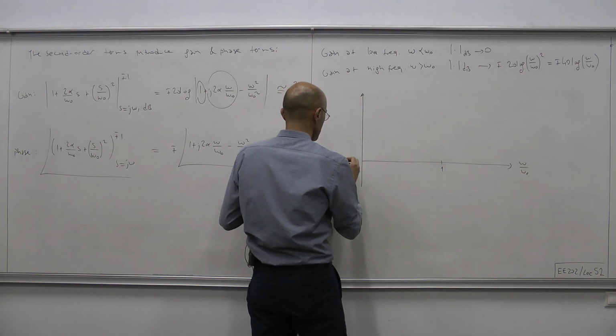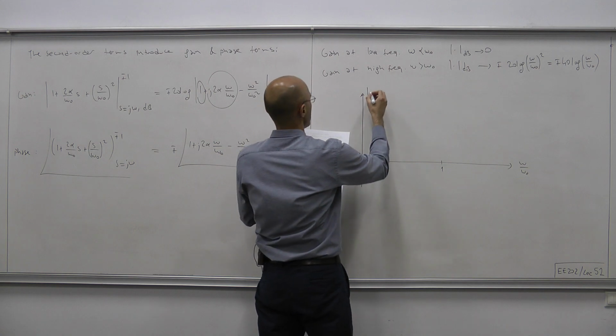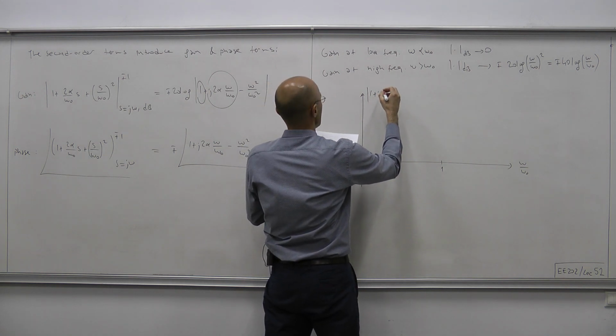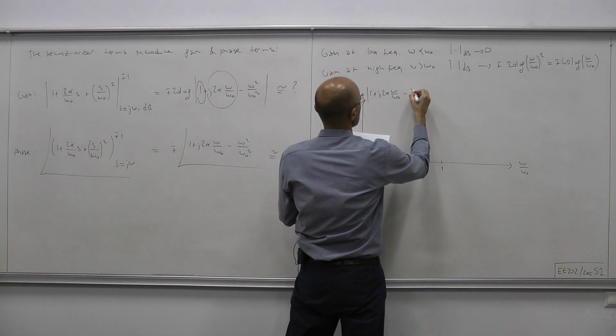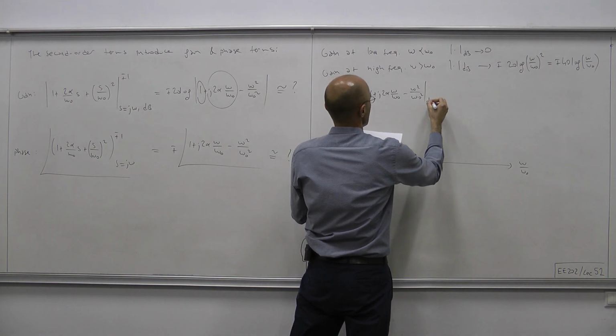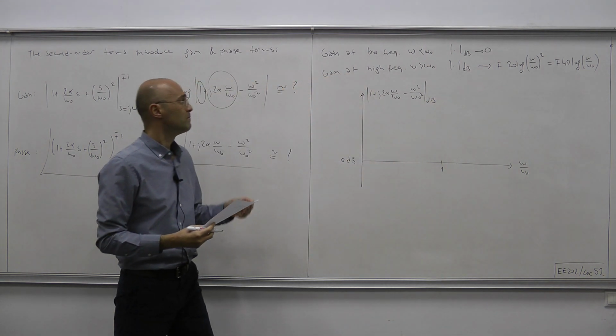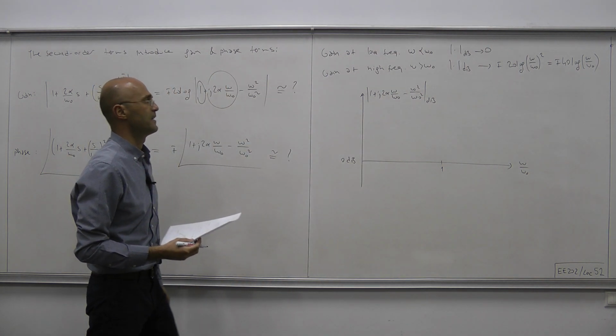And this is the 0 dB line, and we have 1 plus j 2 alpha omega over omega 0 minus omega squared over omega 0 squared in dB. We're dealing with a term in the numerator.